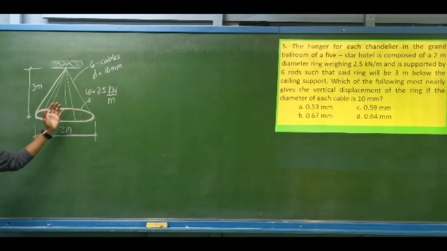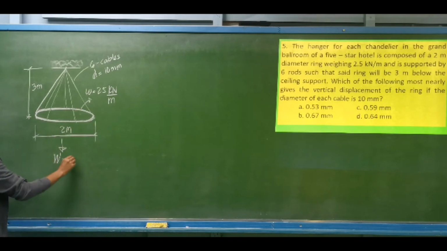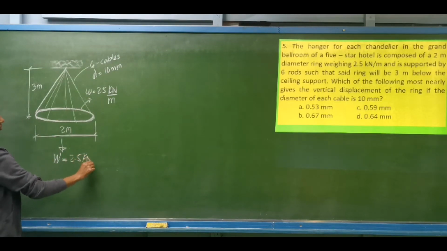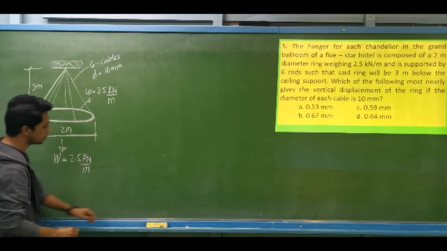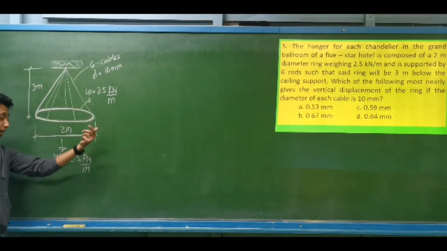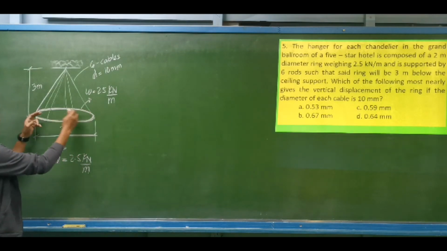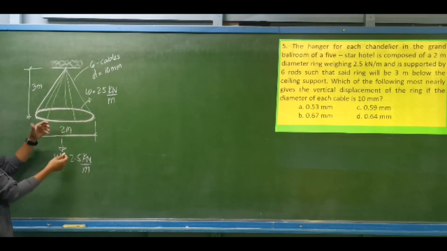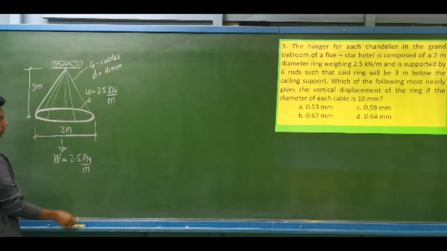So this will be the setup. So let us first determine what is the total weight of the ring. The total weight is 2.5 kilonewtons per meter, and we are to multiply it by its circumference. That is the same as the total length of the rod material used to create the ring.